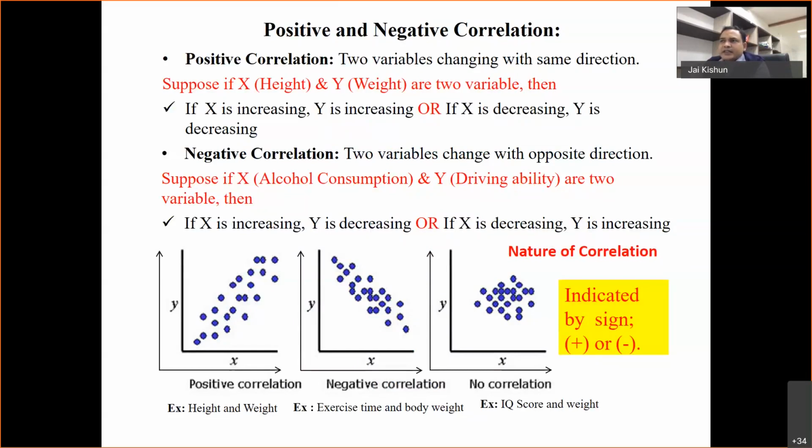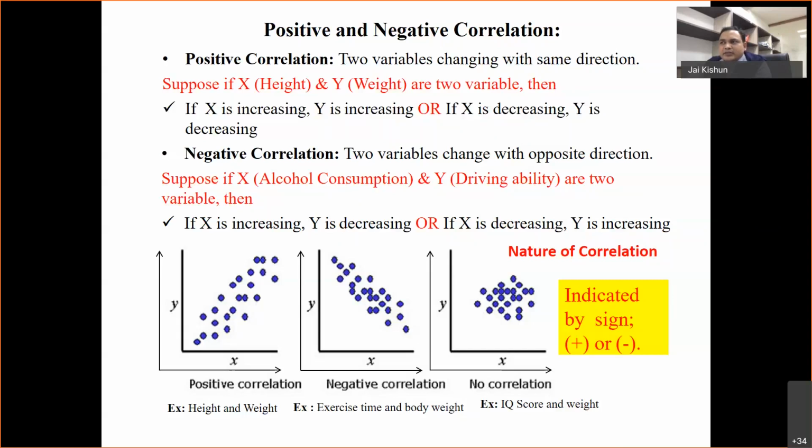If x is increasing and y is also increasing, both variables are in an increasing trend, then we say these variables are positively correlated. Or if both are in a decreasing direction, x is decreasing and y is also decreasing, then the correlation between these two variables is also positive.